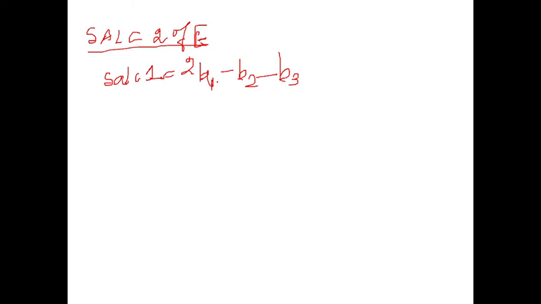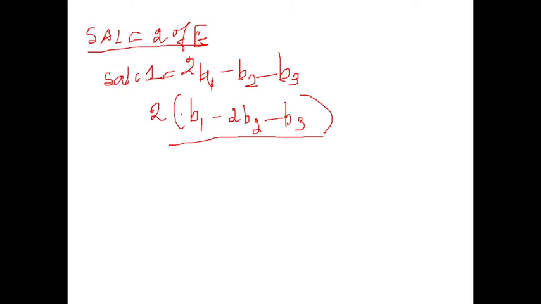So we have to write a similar expression. I am going to just modify this expression as 2b2 minus b3. So this expression has to be multiplied by 2 in order that I have to remove the B1 component. Okay, so I have to remove the B1 component, for which I have to multiply it with 2.